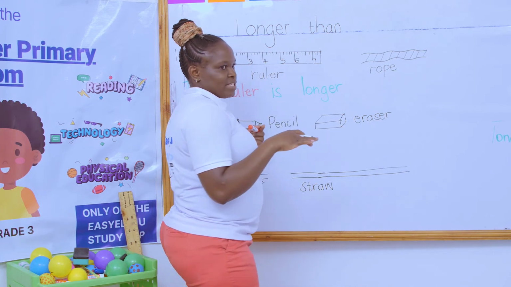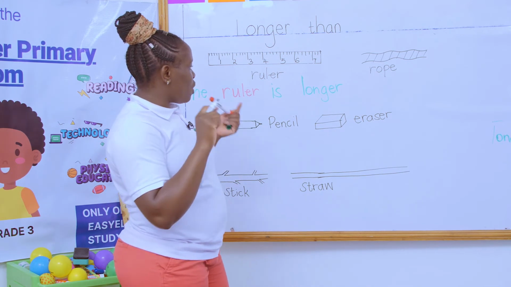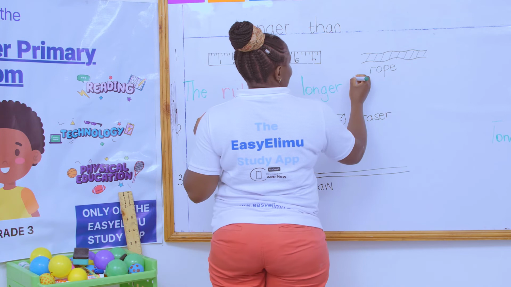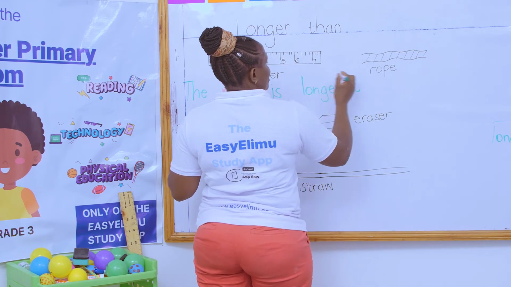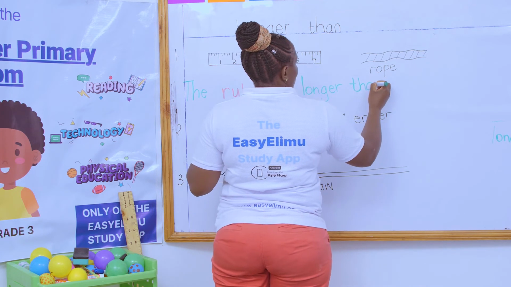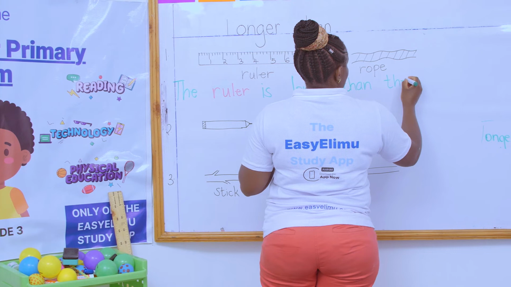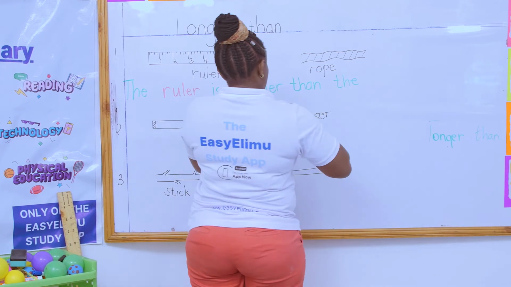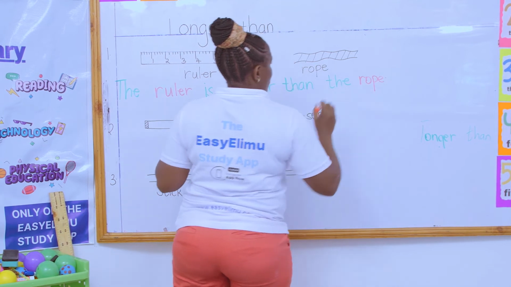Should I write long and leave it like that? No. I write longer and add the word than because I am comparing two things, the ruler and the rope. So I will say longer than the rope. Are we together? That is how my sentence will be.